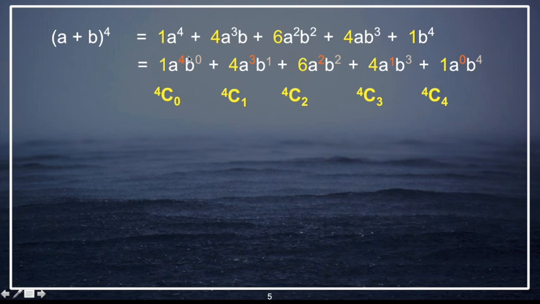So if you look at the powers of a, or the powers of the first term in the binomial: a to the power of 4, a cubed, a squared, a to the power of 1, and a to the power of 0. What do you notice, or what can you say about the powers of a?